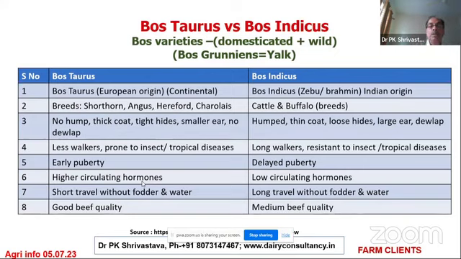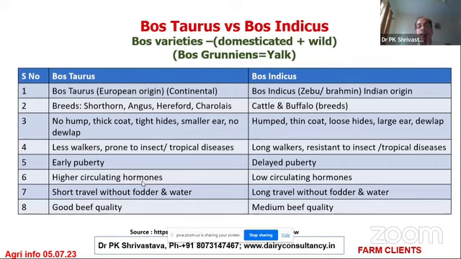So to dissipate the heat, this kind of structure was designed by nature: bigger ears so that more of the heat will be dissipated. They will have thick skin so that the heat cannot be dissipated.